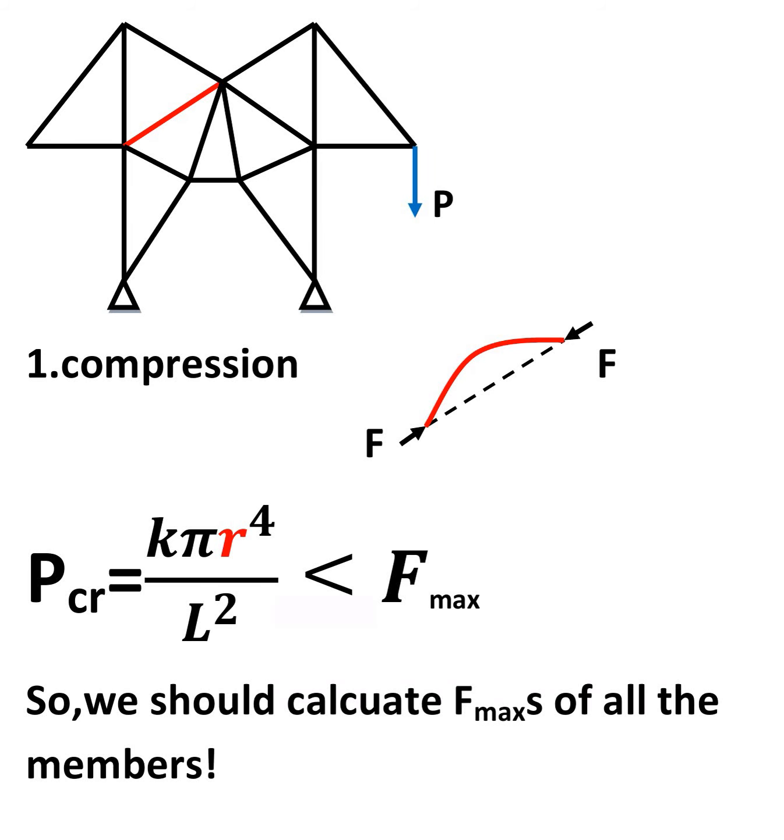Also, an engineer should calculate the forces on each member, not just the red one, because any of them would buckle if in compression and the force on it is greater than its critical load.